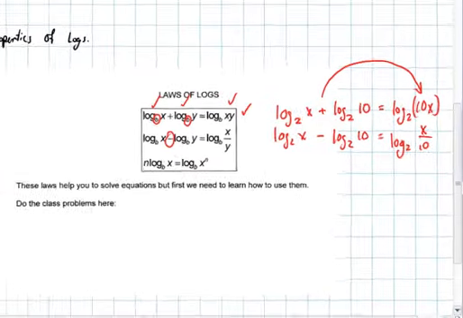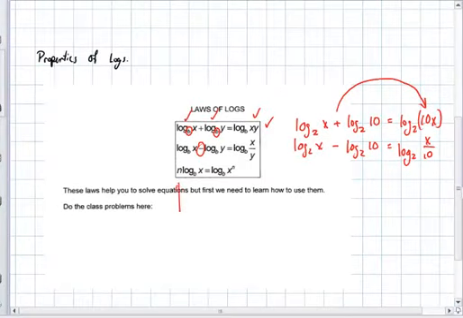And the last part is if you have a coefficient, let's say 2 log base 3 of y, that could be rewritten as log base 3 of y squared. The 2 just changes location and becomes the exponent.